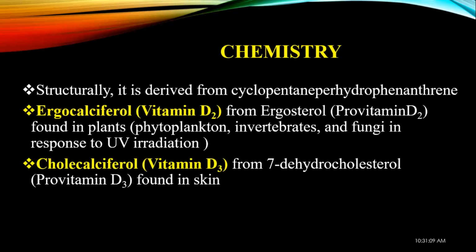This is the nucleus that is seen in all steroids, so it is a nucleus present in all steroid compounds, like the steroid hormones estrogen, progesterone, and the glucocorticoids. Those compounds contain cyclopentanoperhydrophenanthrene, and the precursor for this is cholesterol. So in human beings, this vitamin D can be synthesized from cholesterol.